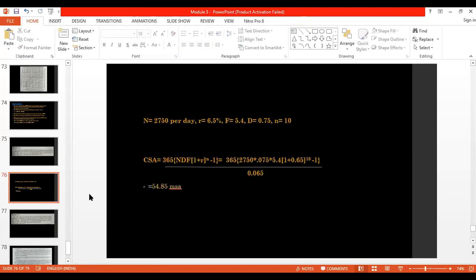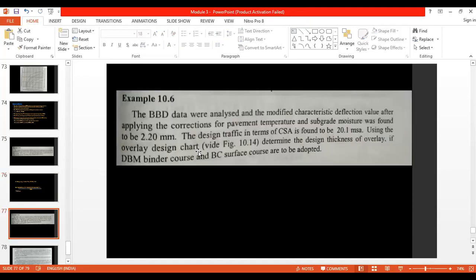Shall we move on to the second problem? Write down this problem, the second type of problem.